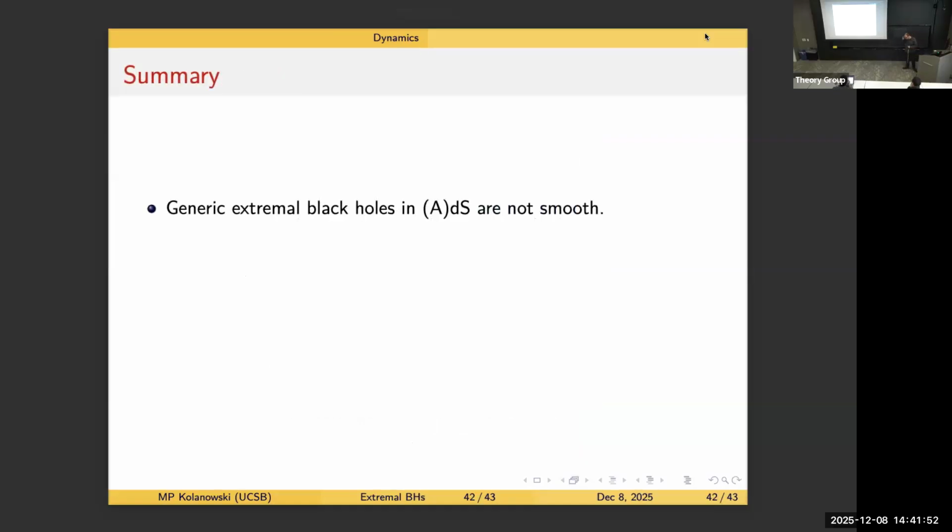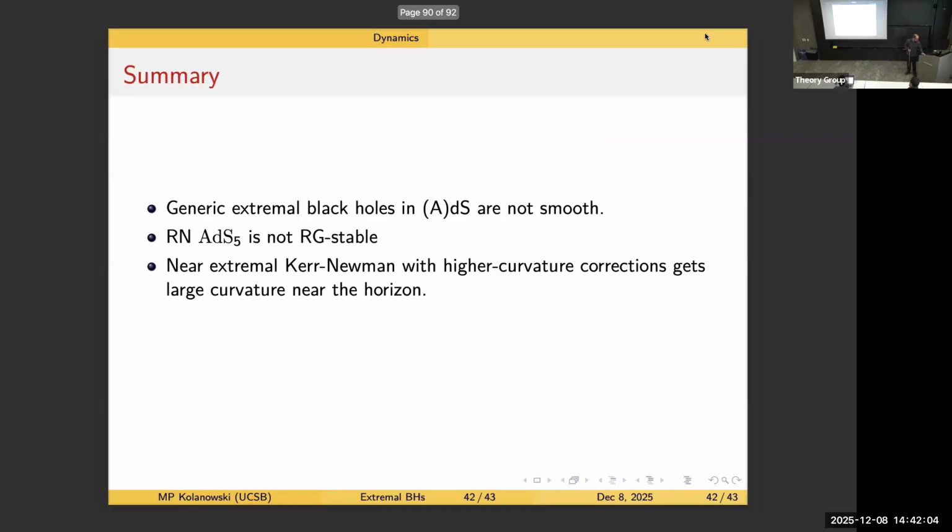Okay, let me summarize that. In general, your generic extremal black holes are not smooth. And it's just a coincidence that a few examples that we know analytically are smooth. Moreover, Reissner-Nordström in AdS5 is not RG stable. If we change boundary conditions just a little bit, we will change the geometry drastically.